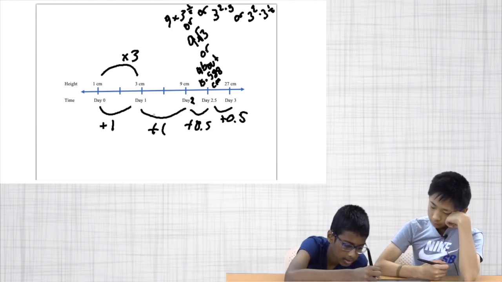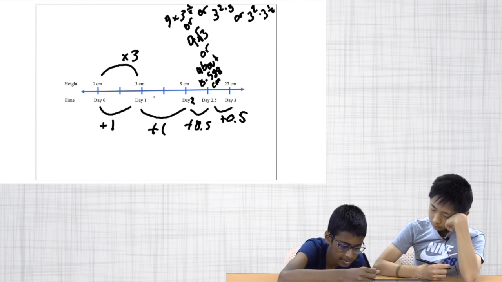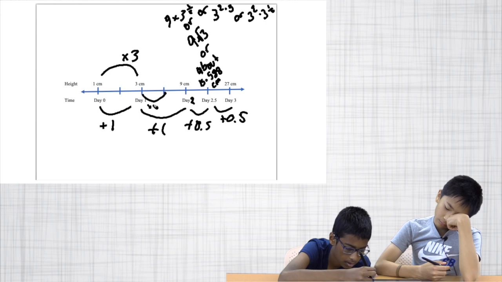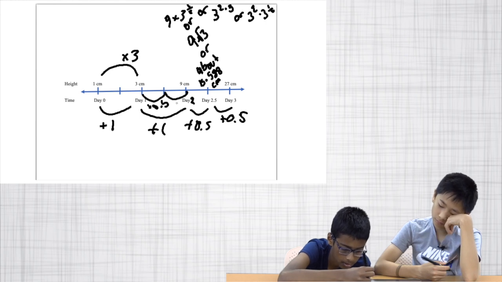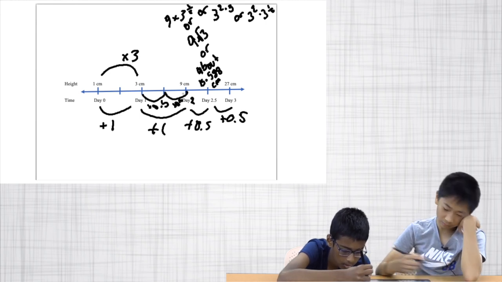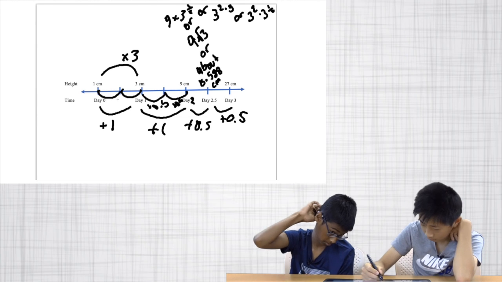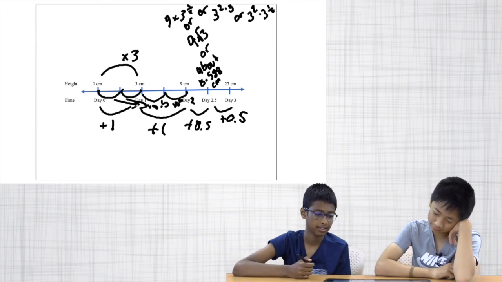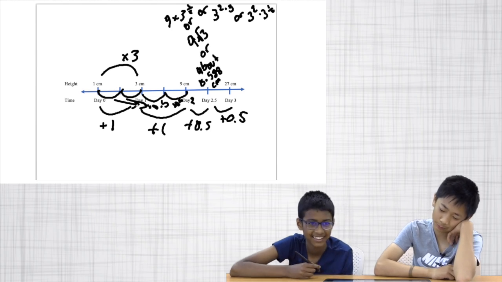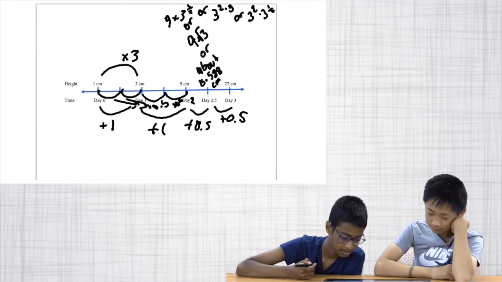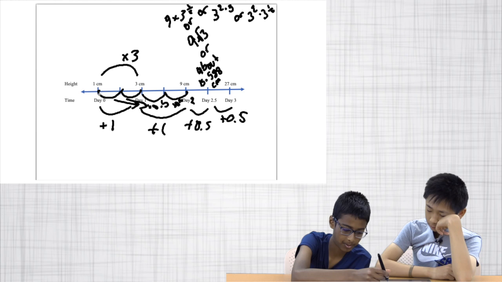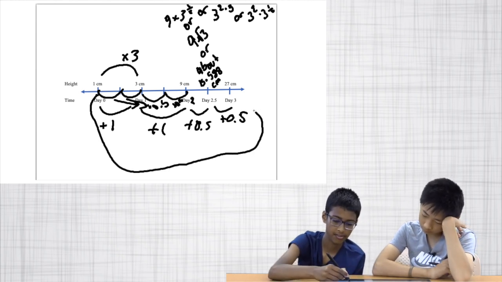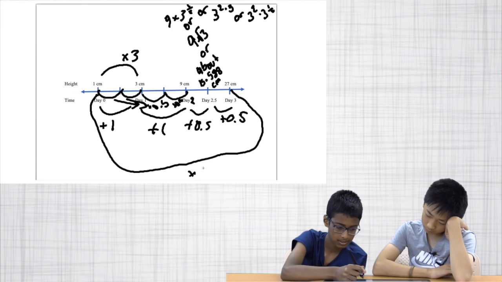Well, we have plus 0.5 in between here and here. Hold on, we don't have the day number. I'm kind of too lazy to draw plus 0.5. Also, there's no room. So we have the plus 0.5 between each tick mark. And from end to end, we have plus 3.